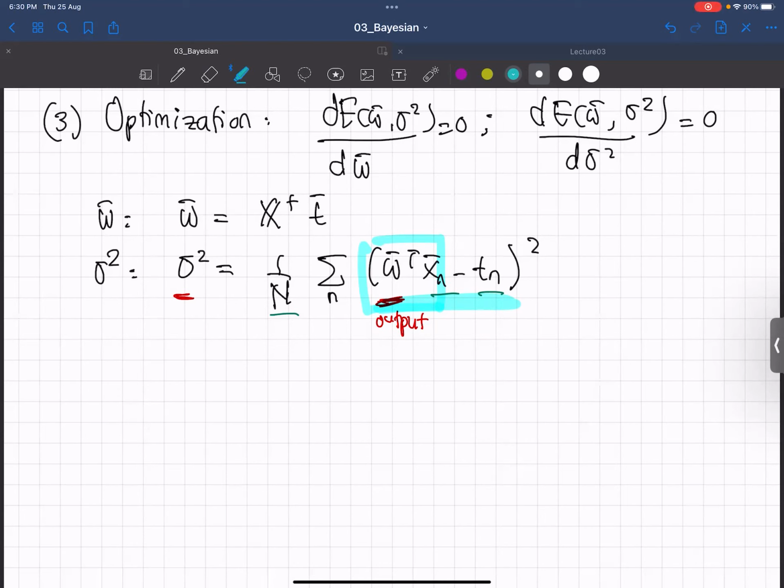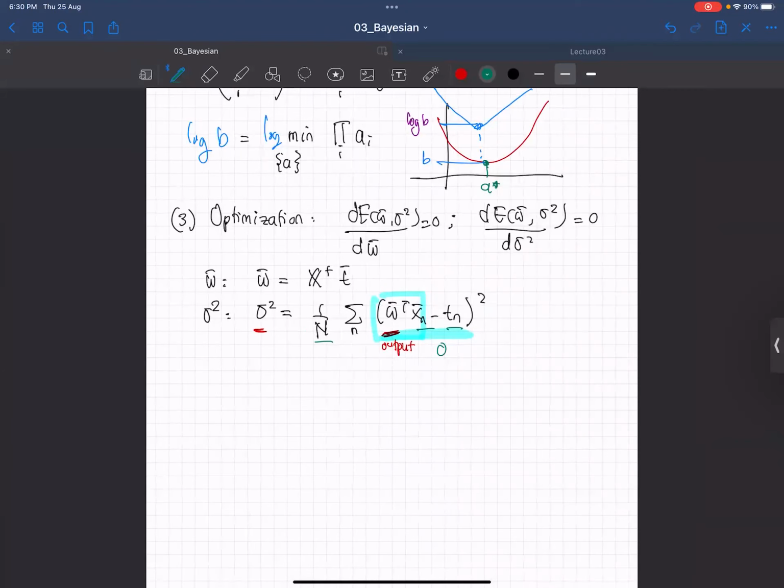And if it is 0 all the time, because M is very large, it means that Yn is always the same as Tn, giving you 0, meaning sigma square will be small. If it is 0 there, sigma will be 0 as well, meaning very, very confident. And that's the problem, because we do not know M. We can set M to whatever value we like, as large as possible. So that means we cannot trust sigma square because it depends on our setting.